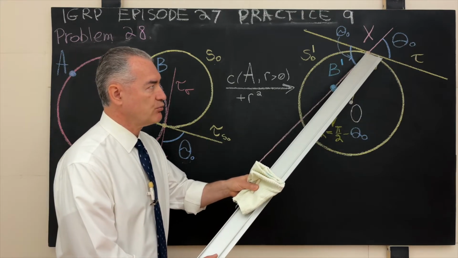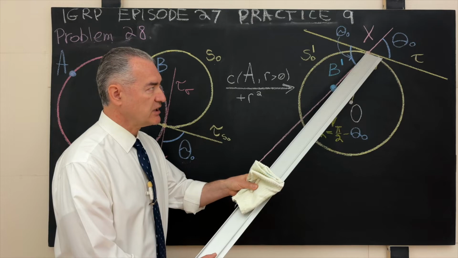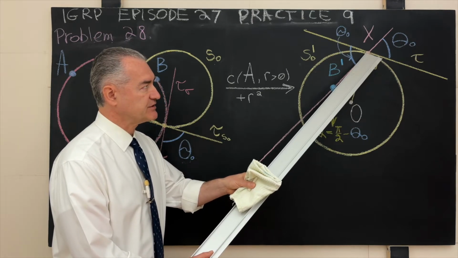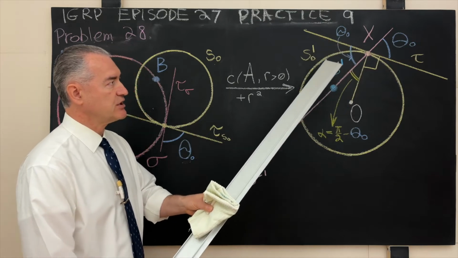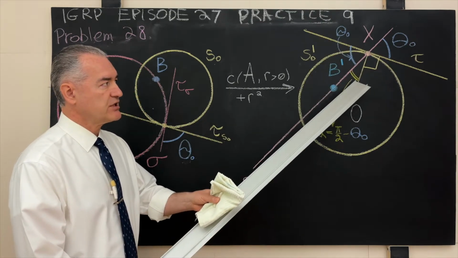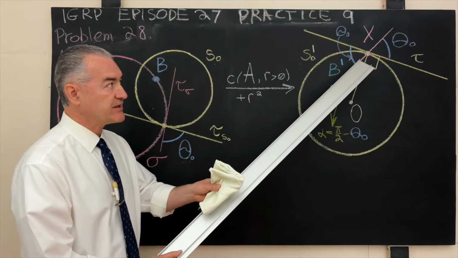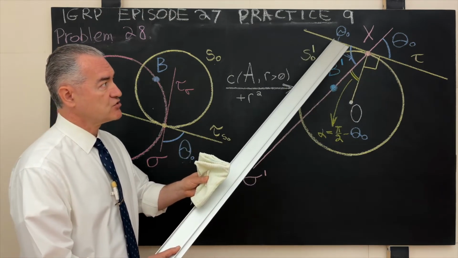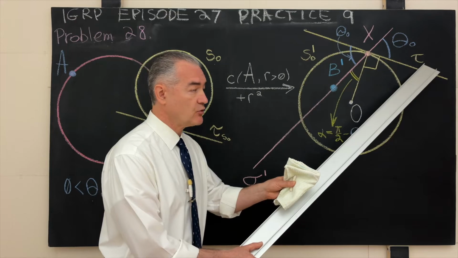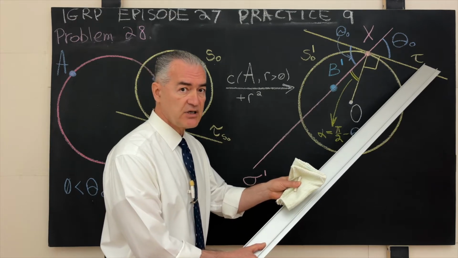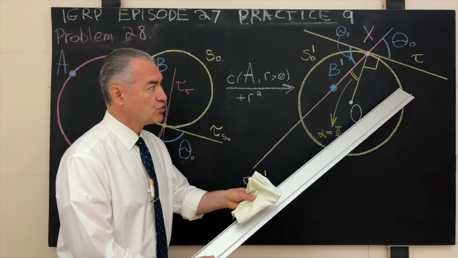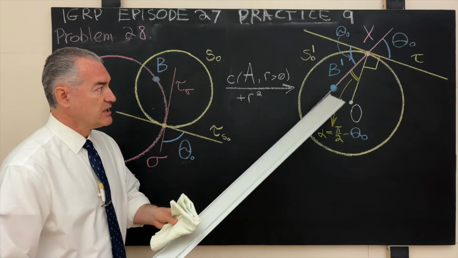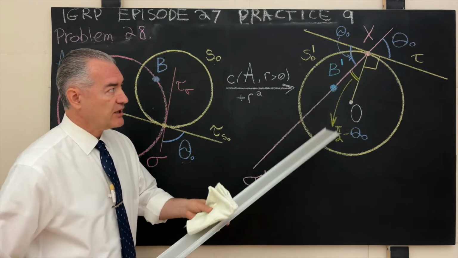It runs into the point where the future to be constructed straight line sigma prime intersects the circle S prime 0, the image circle, and to that radius we snap a straight line that passes through the point X perpendicular to the radius. That straight line is shown over here in yellow. I named it tau because that straight line is the tangent to the circle S prime 0 at the point of contact. And why did we do that?